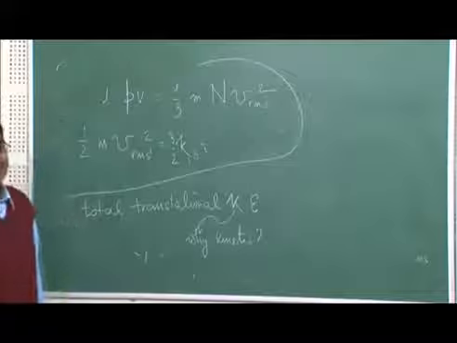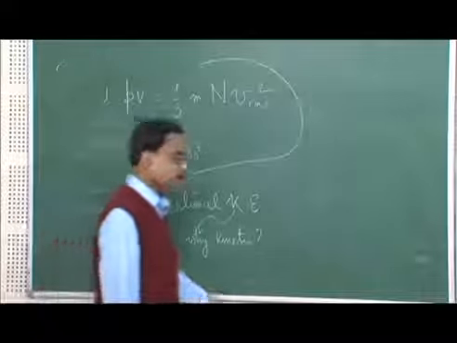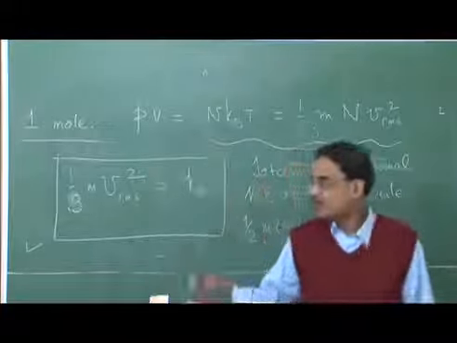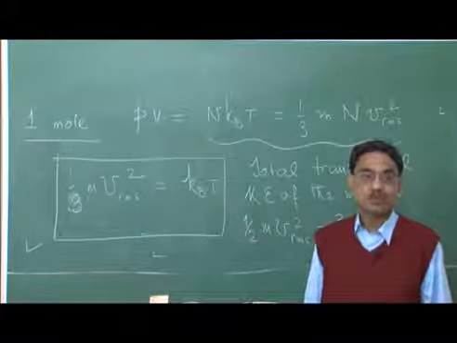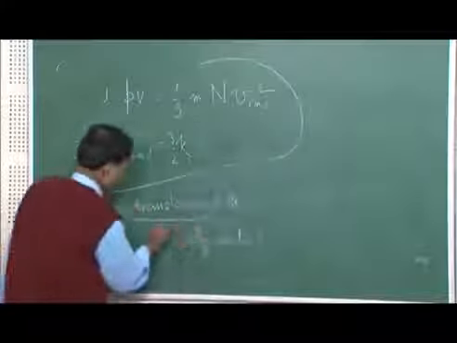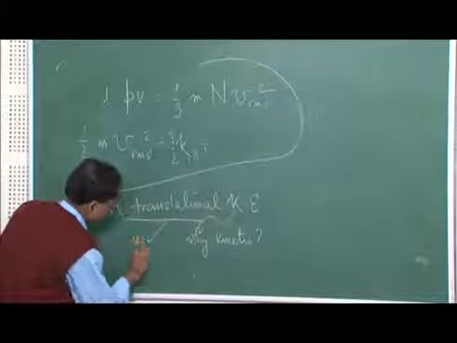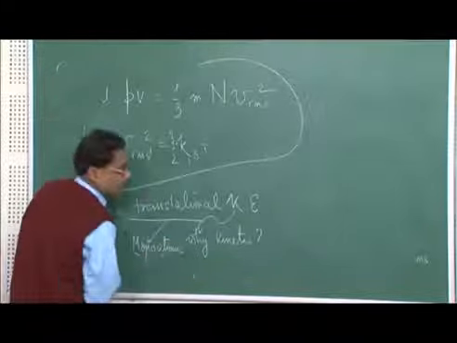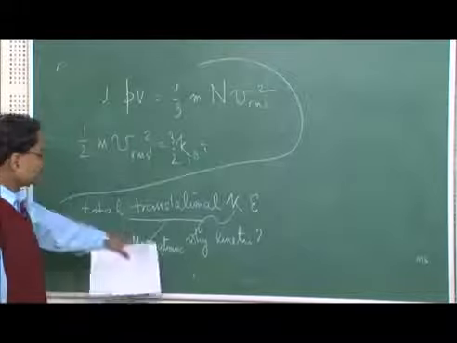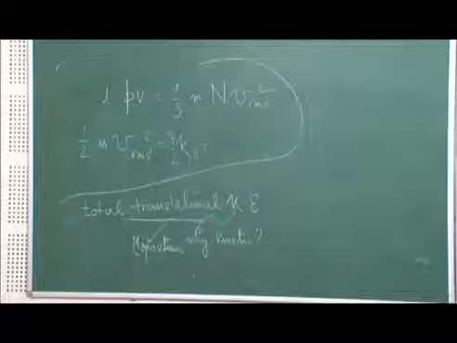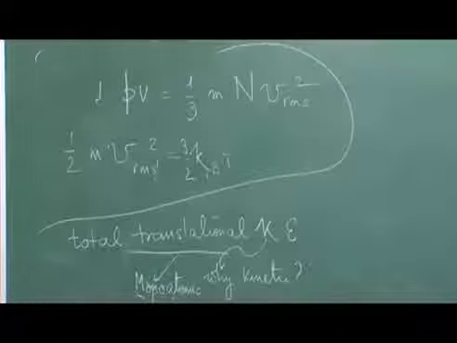Because there is no interaction, there is no potential contribution to the energy, it has to be all kinetic. Why translational? Because I am assuming monoatomic molecules. There could be other degrees of freedom, but these molecules can only translate. That is why this is a translational kinetic energy.